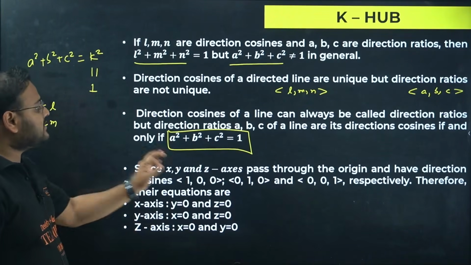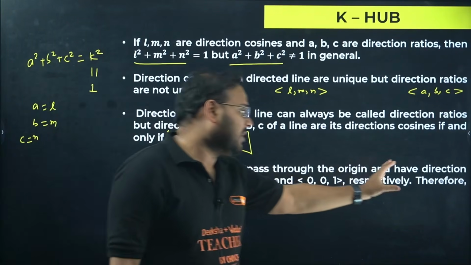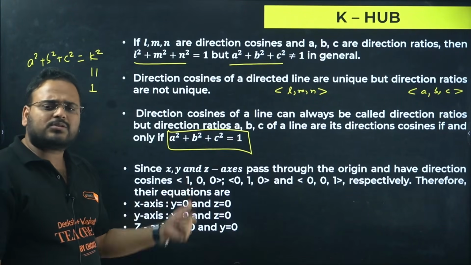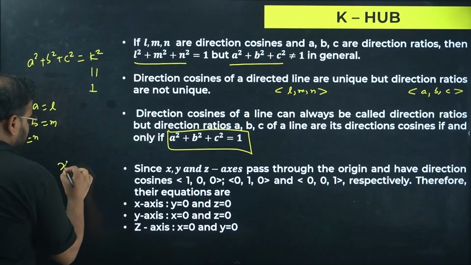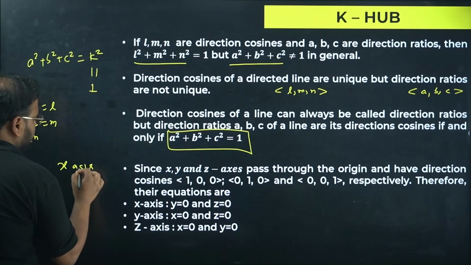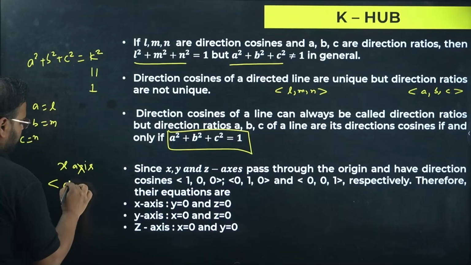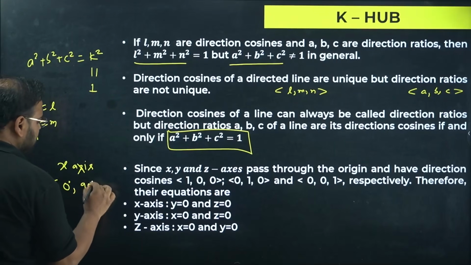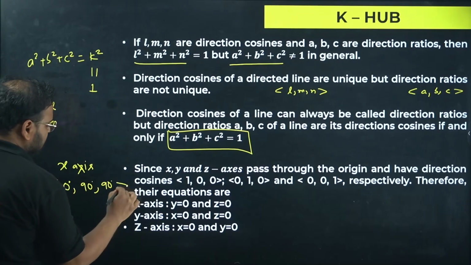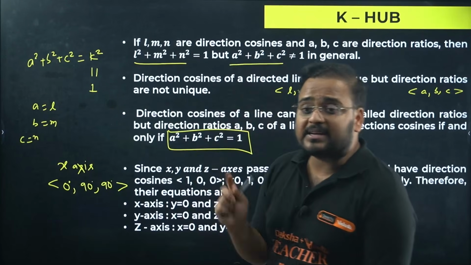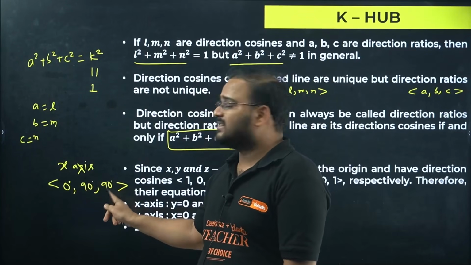Now, the x, y, z axes pass through the origin and have direction cosines as mentioned. How come this is true, sir? Think about it. The angle of the x-axis with the x-axis will be 0 degrees, with the y-axis 90 degrees, and with the z-axis also 90 degrees. These are the angles made by the x-axis with the x, y and z axes.